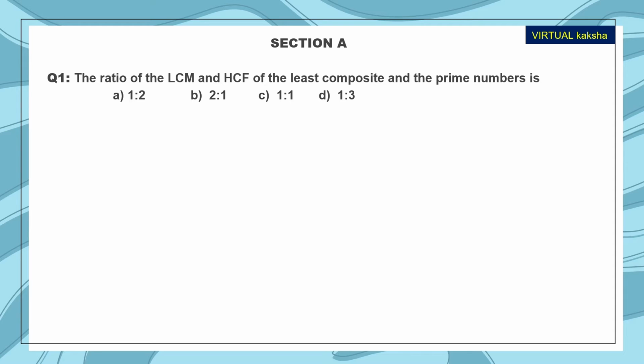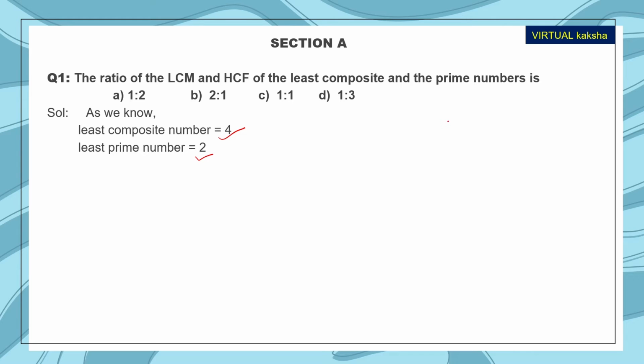Prime numbers are those numbers which have only two factors, 1 and the number itself. Likewise, composite numbers are those numbers which have more than 2 factors. Yes, the least composite number is 4, and the least prime number is 2.